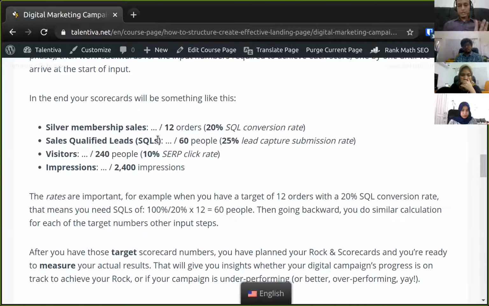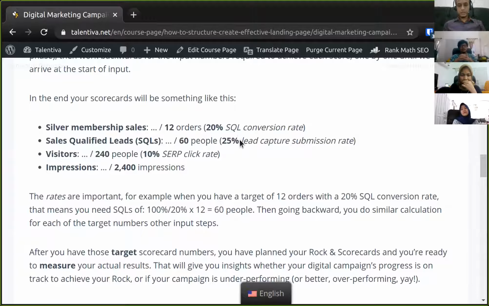How do we get these 60 people? These 60 people will come from visitors. Let's imagine that our lead capture submission rate is 25%. That means we have a form that people can fill in.